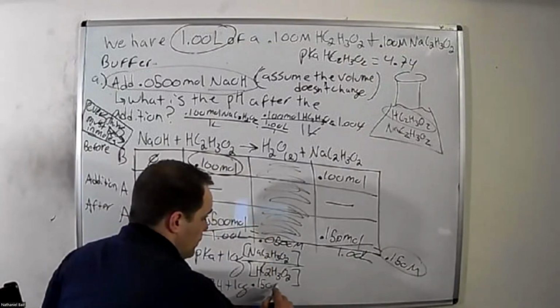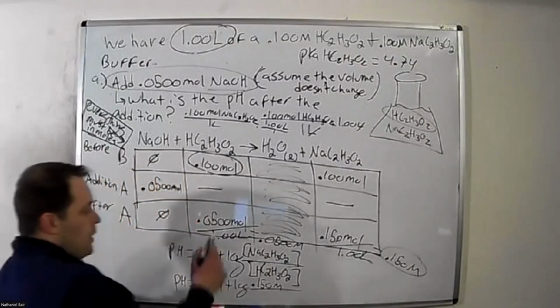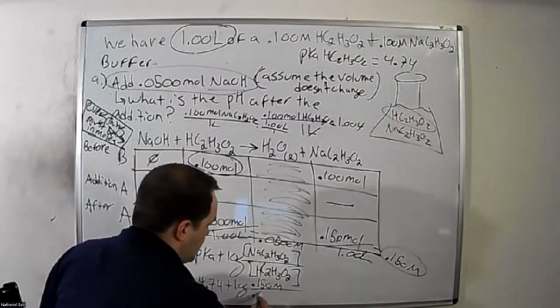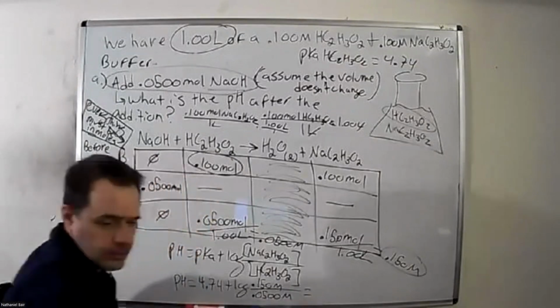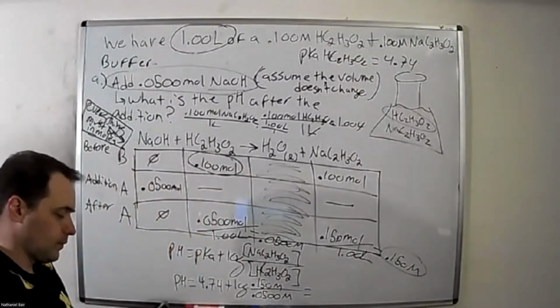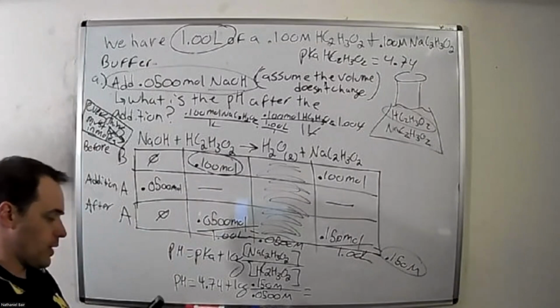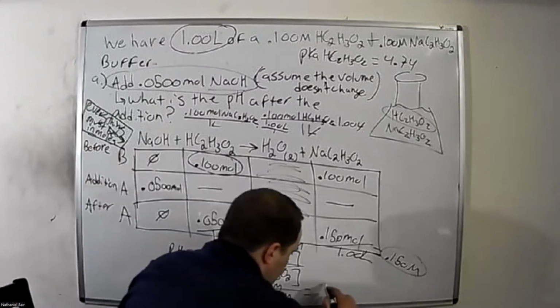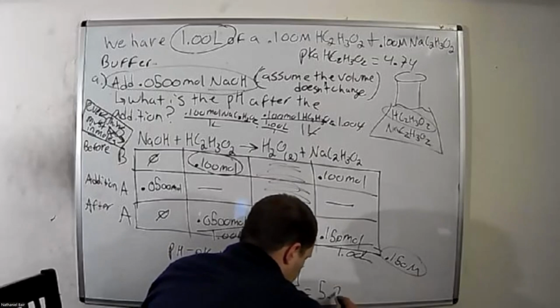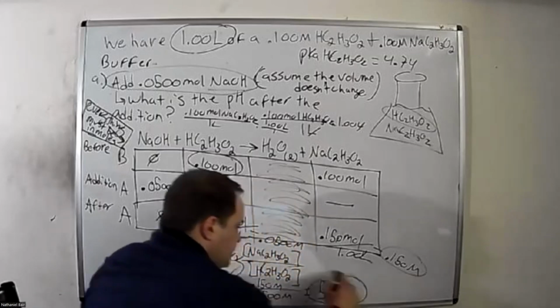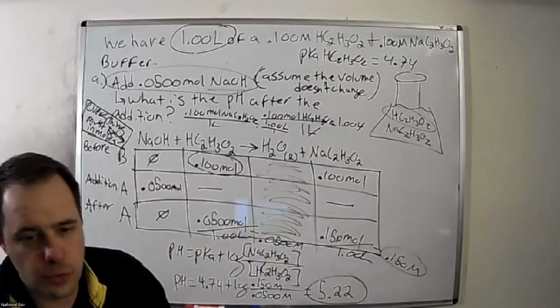That's up to 0.150 molar, divided by the acid concentration, that's down to 0.0500 molar. 4.74 plus the log of 0.15 divided by 0.05. And we see that the pH of the buffer is now up to 5.22.